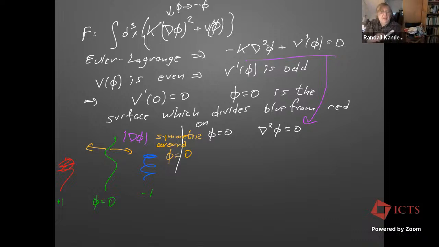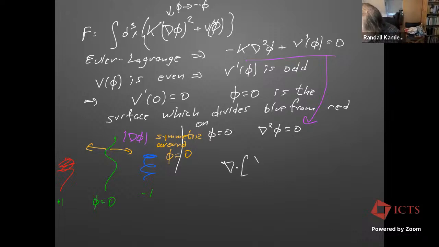Blue and red can be interchanged. If I switch blue to red and red to blue, everything's exactly the same, which means that the profile is the same on both sides. So the magnitude of grad phi is the same on both sides, which means the magnitude of grad phi is an even function around that surface. And you say, okay, what does that give me?